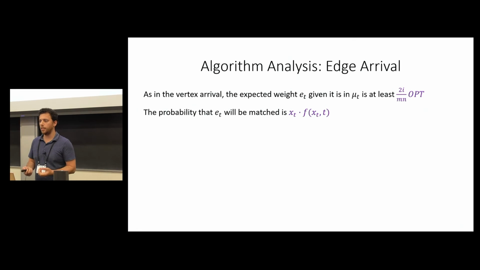The probability that we match et is, we need two things to happen. First, that it will be available, which is by definition xt. And then if it's available, we match it if it's in mu t, with probability f of xt and t.